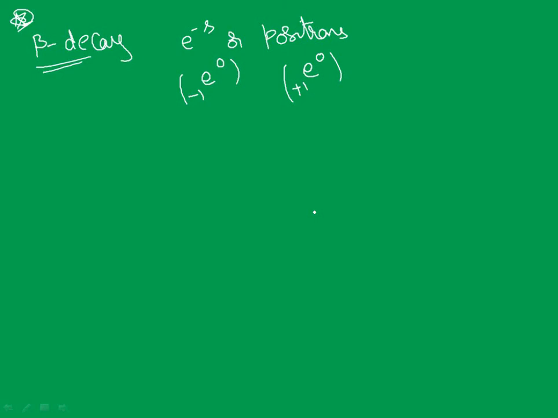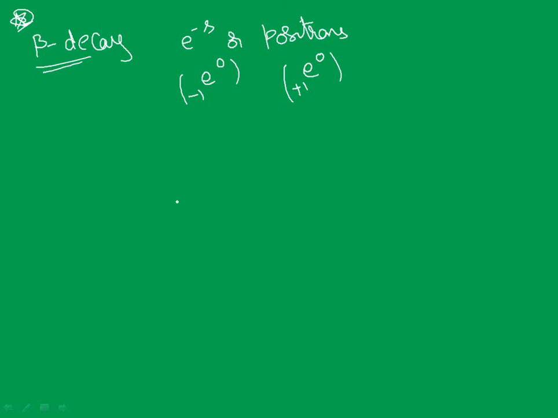They are created at the time of emission, just as photons are created when an electron in an atom makes a transition from a higher energy to a lower energy state. The conservation principles of energy, linear momentum and angular momentum will apparently be violated in beta decay. So let me introduce the negative beta decay and positive beta decay so that you will understand clearly.